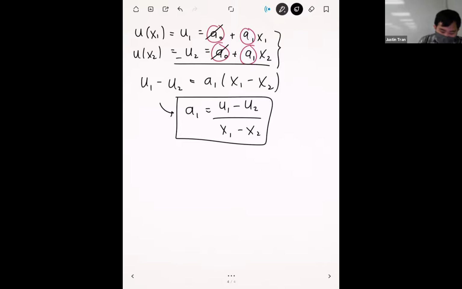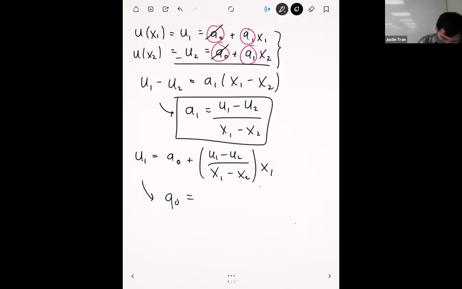So a1 is going to be equal to u1 minus u2 divided by x1 minus x2. And so we plug that back into either one of our equations, and we get u1 is equal to a0 plus (u1 minus u2) divided by (x1 minus x2) times x1, and we get that a0 is equal to u1 minus (u1 minus u2) divided by (x1 minus x2) times x1.